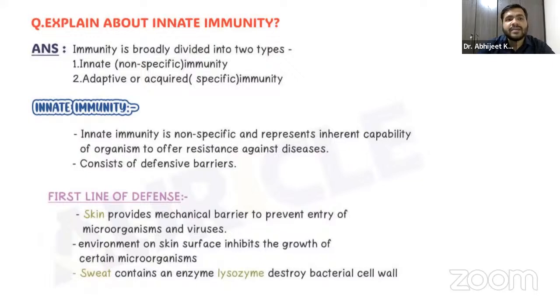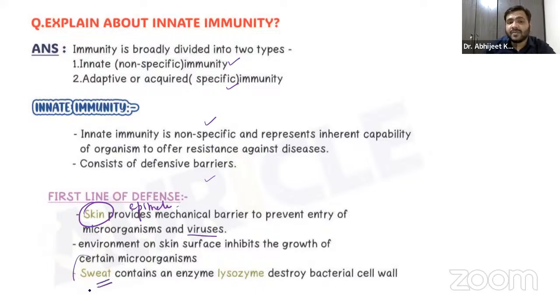Now, innate immunity, guys, you already know immunity is divided into innate and adaptive. Innate, I've already told you, is non-specific, and the first line of defense is the skin, right? I have told you the skin epithelium helps prevent entry of microorganisms and viruses, right?